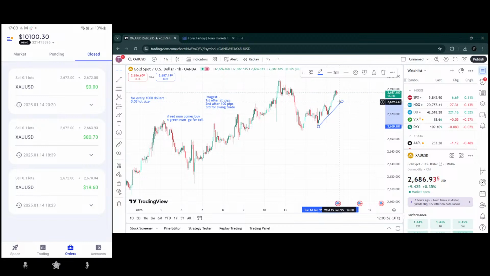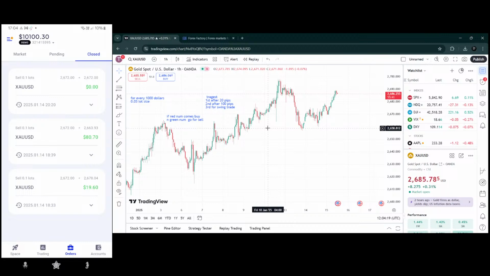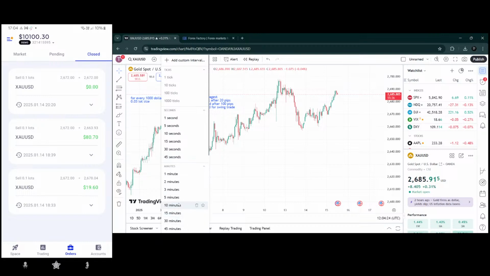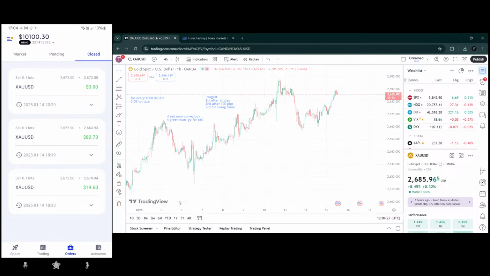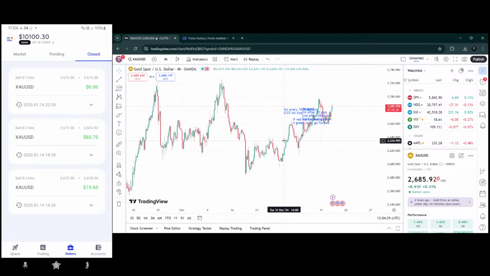The market should come down here and then go back up. We will go in higher time frame to check what's going on.